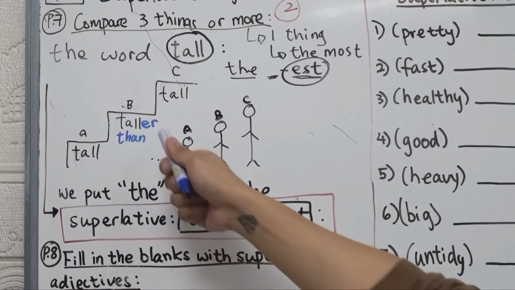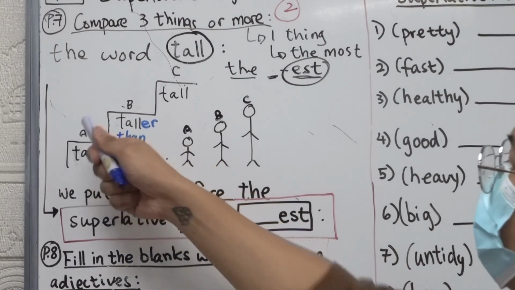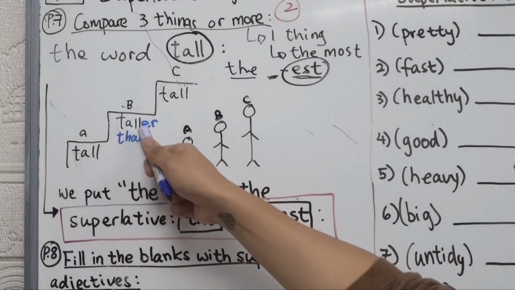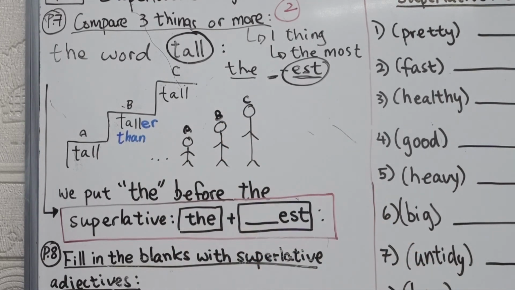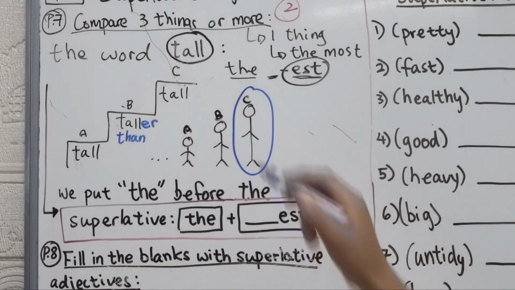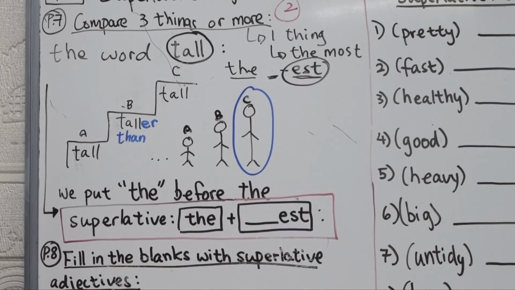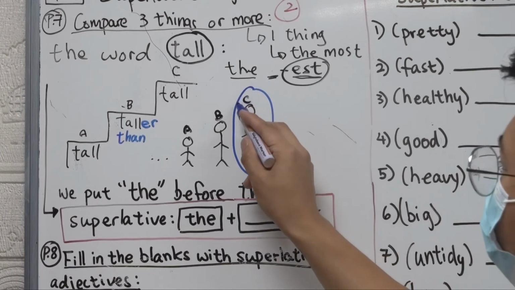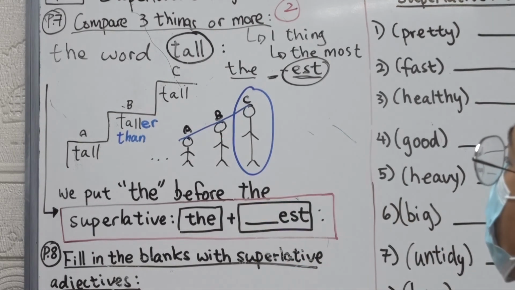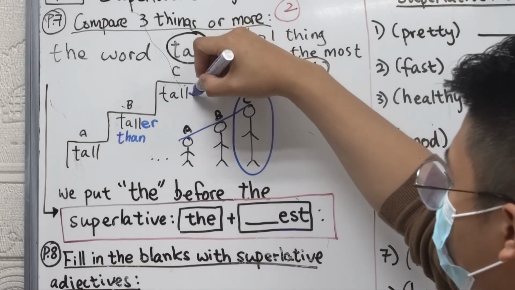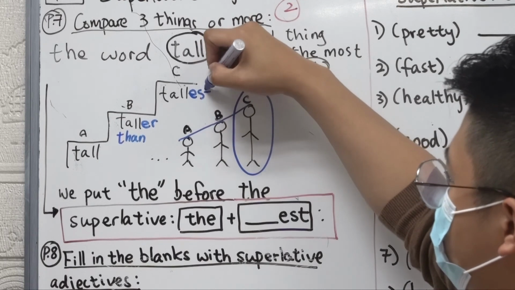Now we can say that B is taller than A. Is B taller than C? No. So what can we say about C? He is taller than everybody, taller than everyone. He's the tallest one. So you can say that C is the tallest, E-S-T.